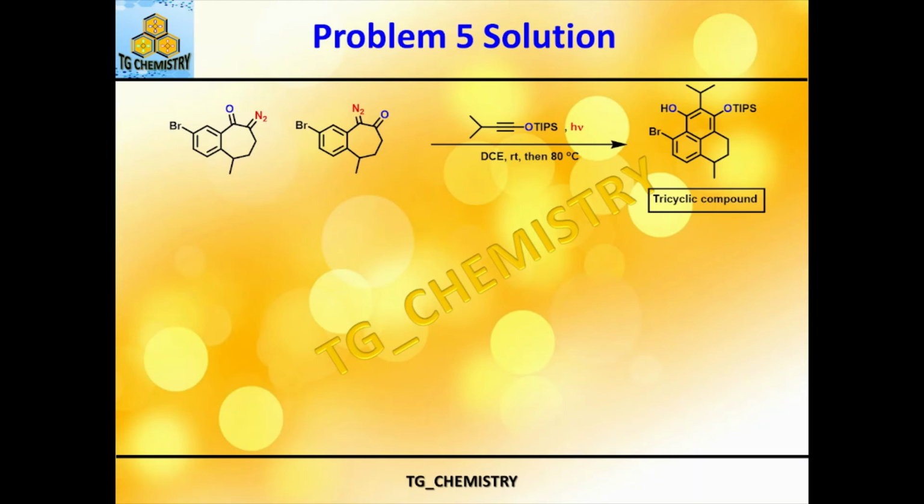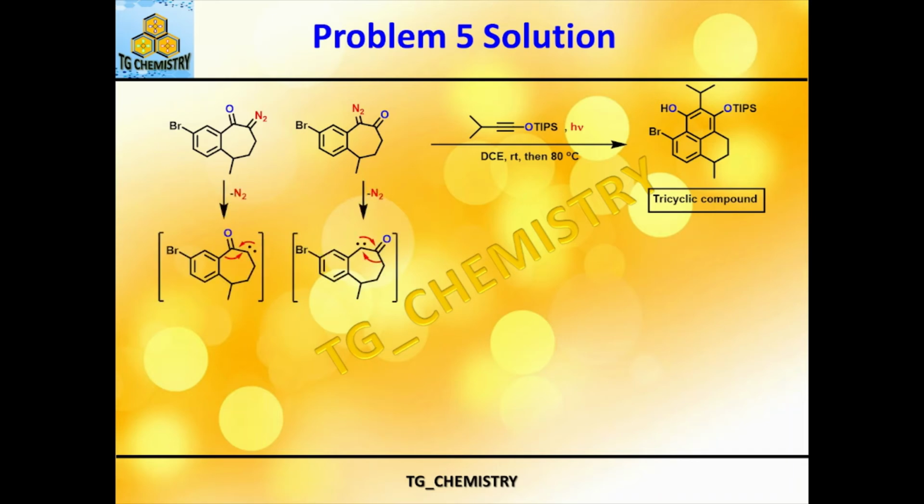You can see that the benzo-fused diazoketone compound, upon reaction with the alkyne system, the pi2 system, in the presence of h nu and the reaction conditions, will end up with the tricyclic compound, which is nothing but the substituted dihydrophenylene derivative. This substituted dihydrophenylene derivative can be obtained from both isomers, and they will end up with a single product. Here we need to understand that these diazoketone compounds very easily form the carbene.